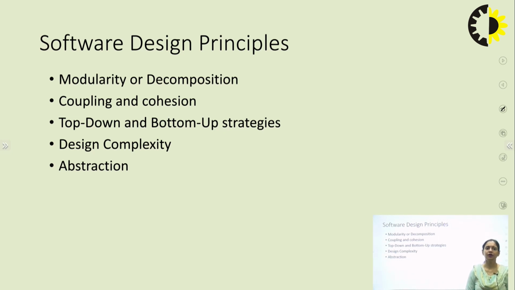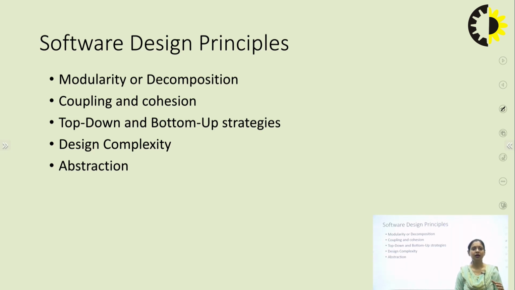Before that comes modularity and decomposition, wherein we make a design in the form of breaking the software into different modules. The modules are independent modules which can be independently worked upon, and they are interrelated with each other.